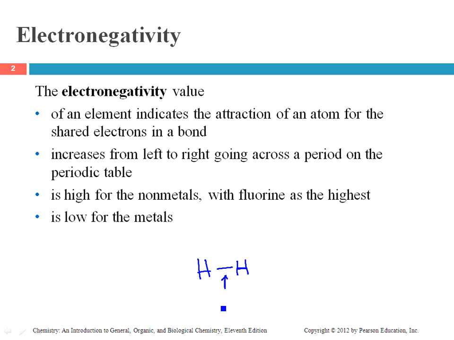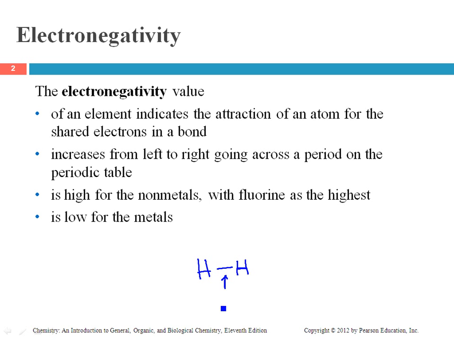In my classroom, we play tug of war. Basically, is one atom pulling harder on those electrons, and is the bond uneven? Is the electron distribution uneven?